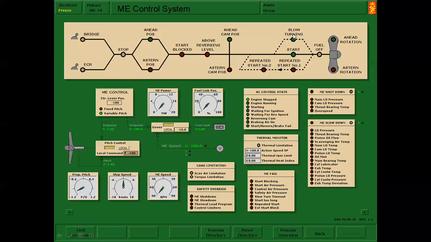Past that, slow turning is an option. It's not on all vessels, but it's there to prevent, while you're testing the engine and rolling it over, developing enough torque and force to push the ship along the dock and maybe break your lines.